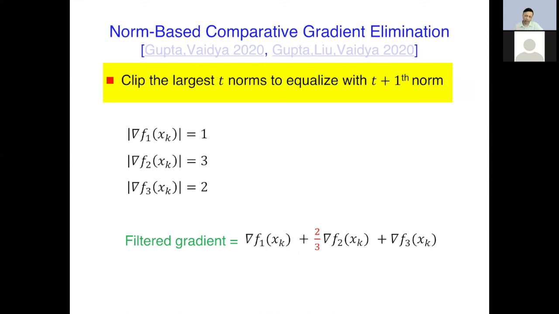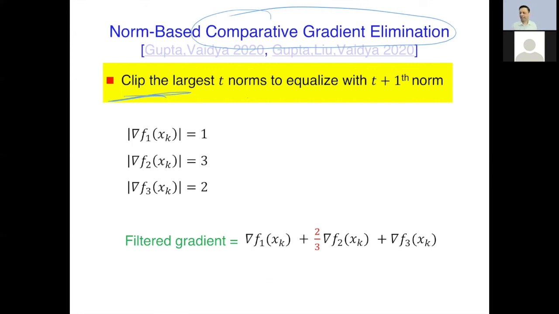Okay, so this is a so-called norm-based filter. It's called a comparative filter, because what is being done here is to cap, right? We are clipping the largest gradients, but we are not bounding them by a constant. A variation of the algorithm would be to pick a fixed threshold.